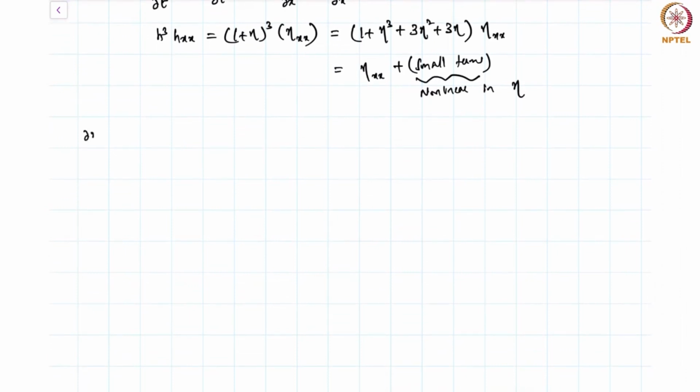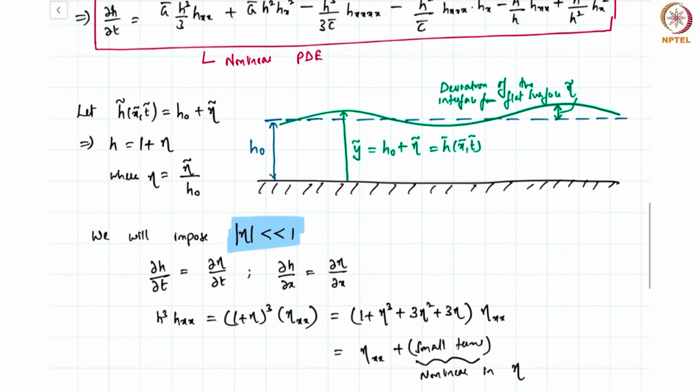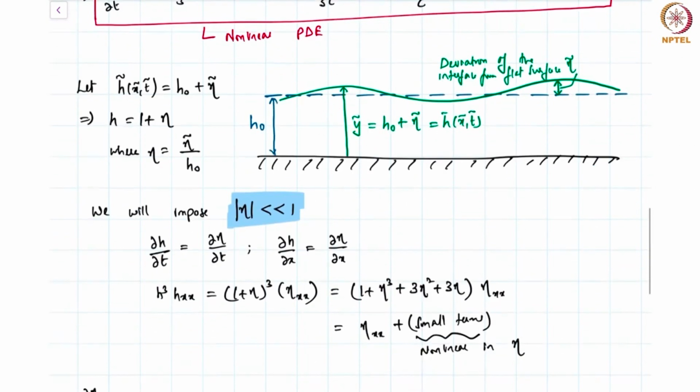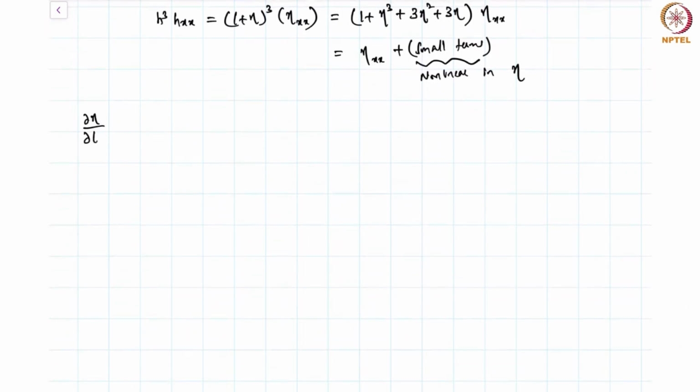After substituting h is equal to 1 plus eta, it now becomes del eta by del t equals g bar by 3 times 1 plus eta whole cube times eta xx. We have g bar times 1 plus eta whole square times eta x whole square, minus 1 plus eta whole cube by 3 c bar times the fourth derivative of eta.